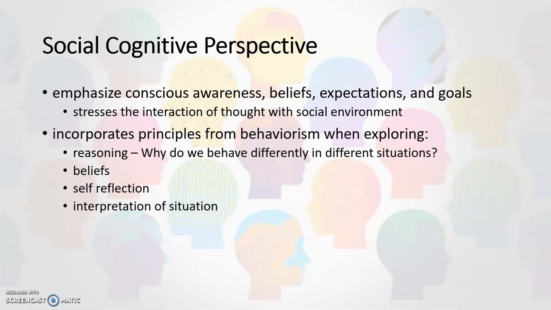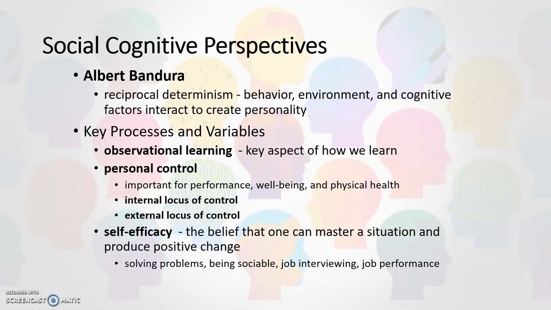And this, again, is a repeat, but mainly was coined by Albert Bandura, which dealt with reciprocal determinism, which is just our behavior, environment, and cognitive factors interact to create our personality, who we are. Again, with observational learning, we learn things by watching them, but that can tie into how we behave, how we respond to different things.